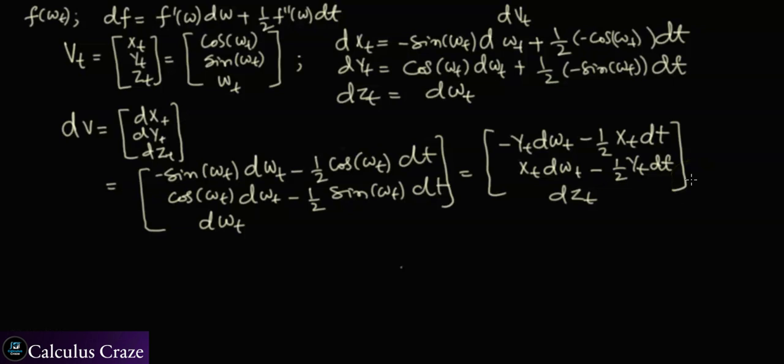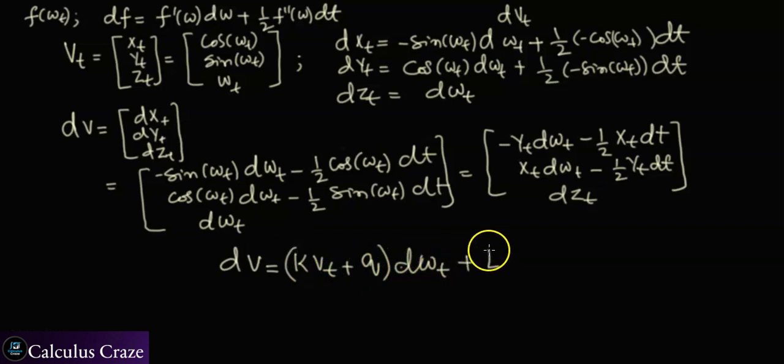But now I can write this equation dV to be equal to K V_t plus q times dW_t plus L times V_t dt. Now I need to define what is my K, V, q.